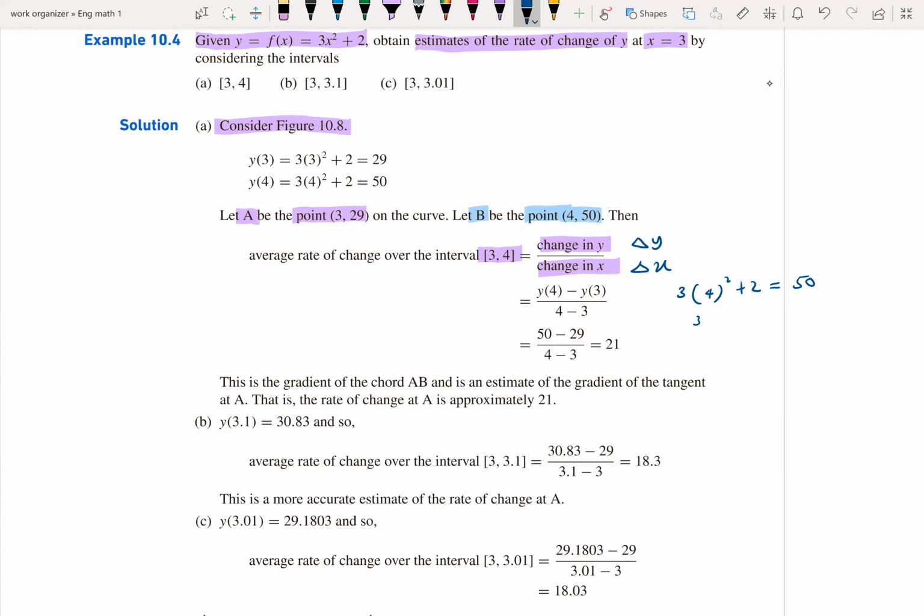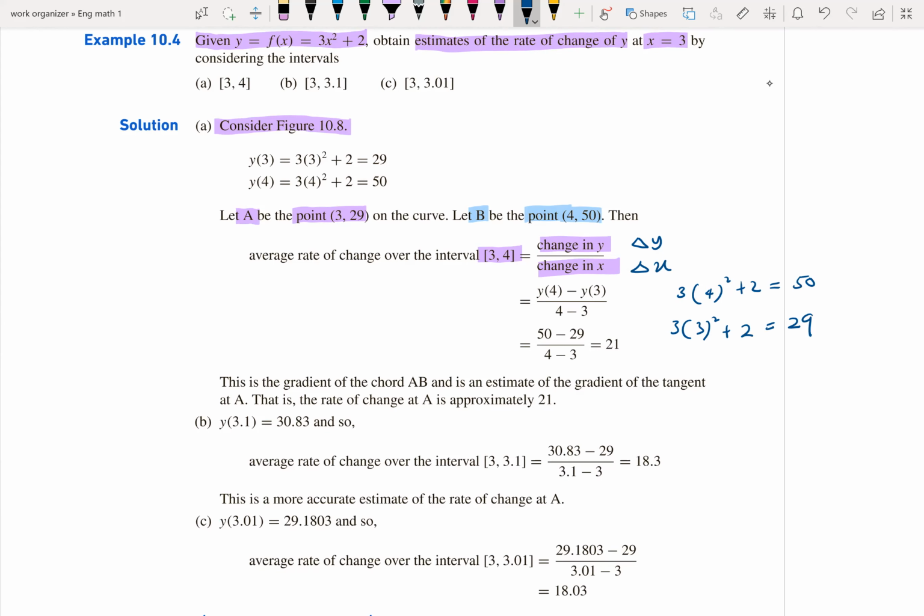Then 3 times 3 squared, 27, plus 2 is 29. That's how we get this.